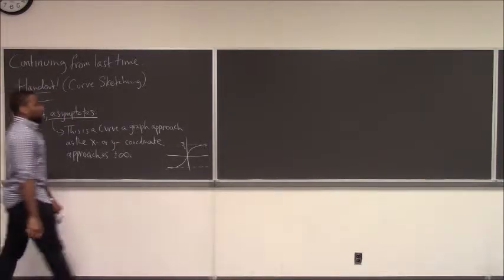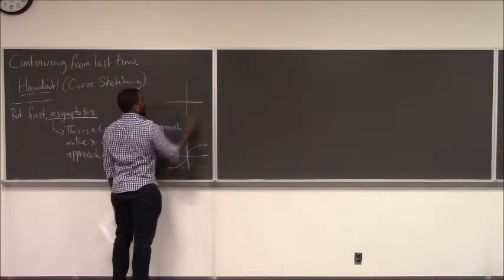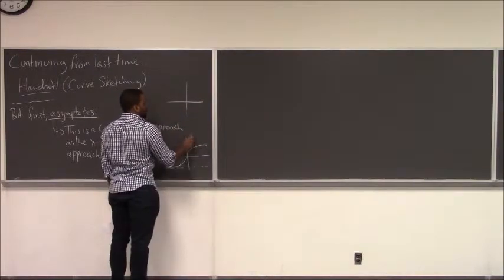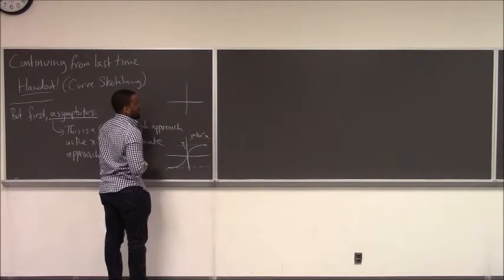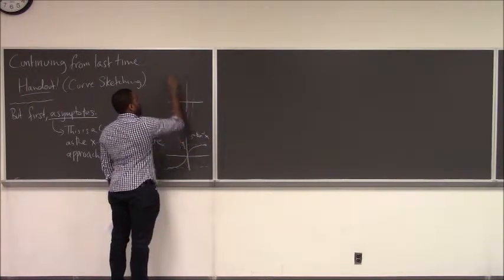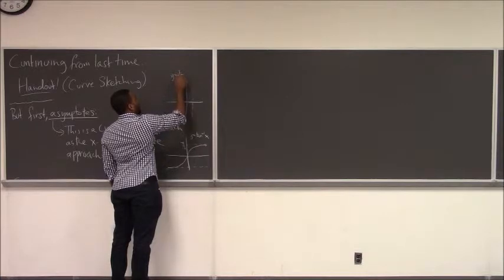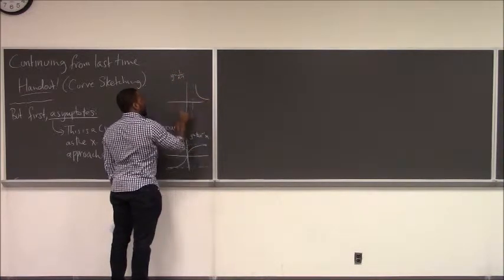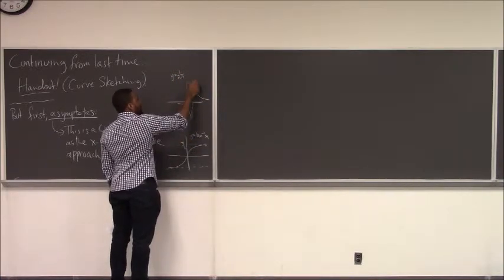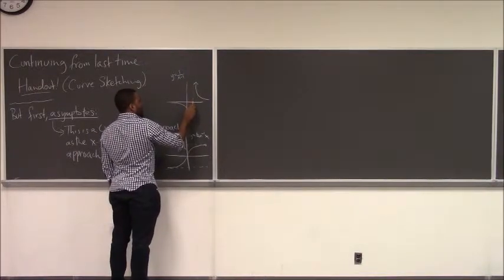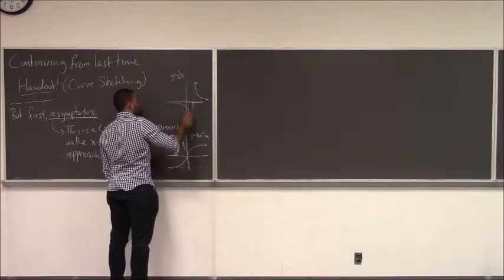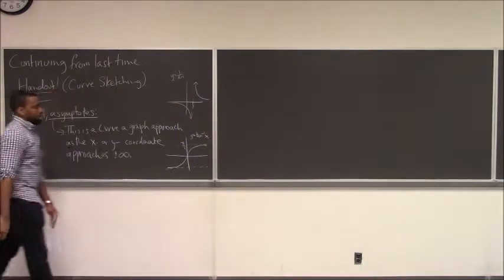And you might have another situation looking at something like y equals 1 over x minus 1, which has what we call a vertical asymptote. And notice that as you think of your y-coordinate going to infinity, at the point 1, you're approaching this vertical line. That's called a vertical asymptote.